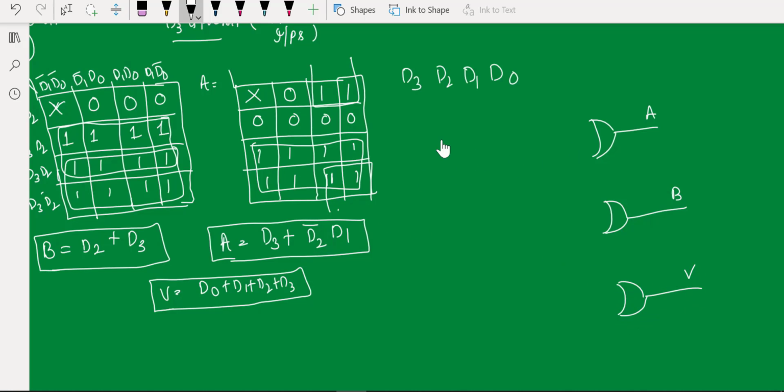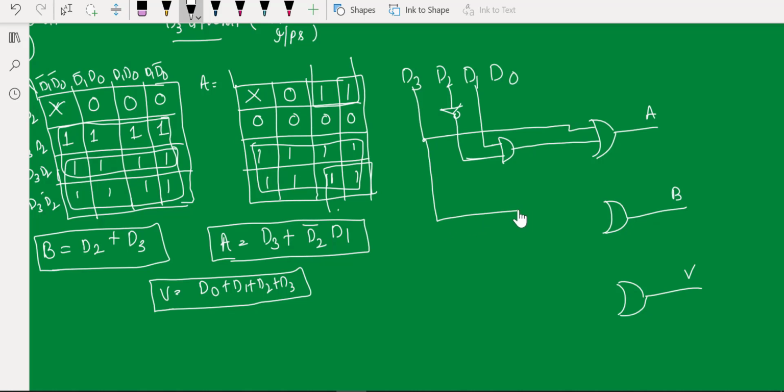So for A I am supposed to take D3, then D2 bar with D1. So this is your A input. This is nothing but D3 plus D2 bar into D1, and my B is D3 plus D2.